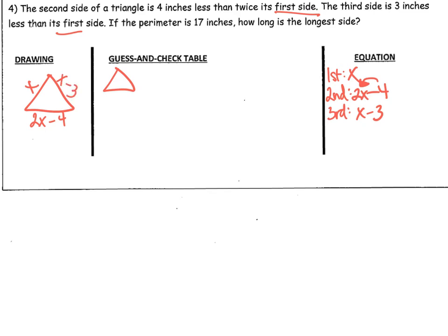Added up together is going to get me a perimeter of 17 inches. Side 1 plus side 2 plus side 3 equals a grand total of 17 inches.